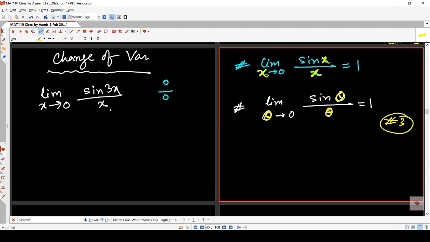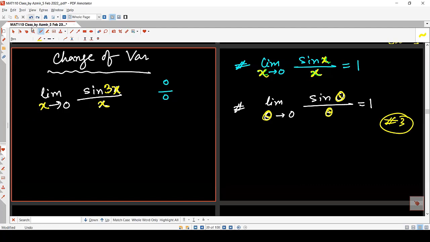So here we can see that we have sine 3x, but here we have x, and here we have x. So 3x and x, obviously these two are not the same. So we have to make 3x here anyhow. How can we do that? At the same time, we also have to make 3x here.